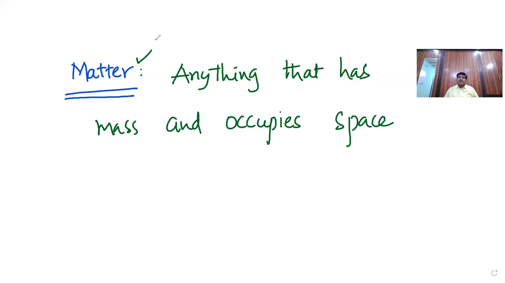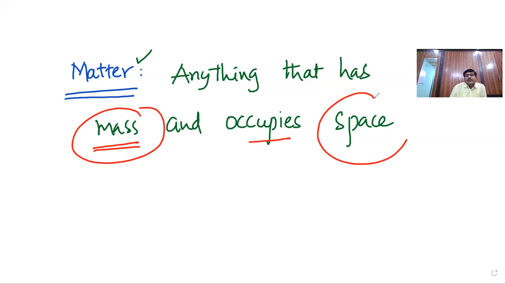Simple. Matter is nothing but whatever may be the substance that has some mass, anything that has mass and occupies space, having some volumetric position. Here I highlight: anything that has mass and occupies space.